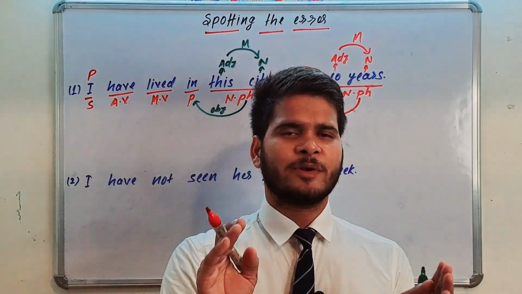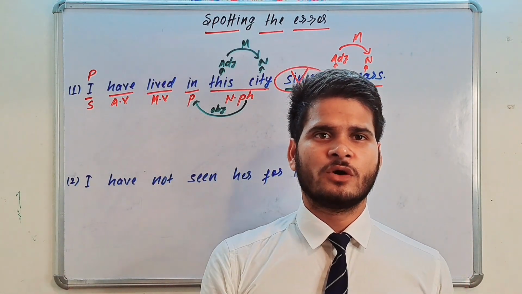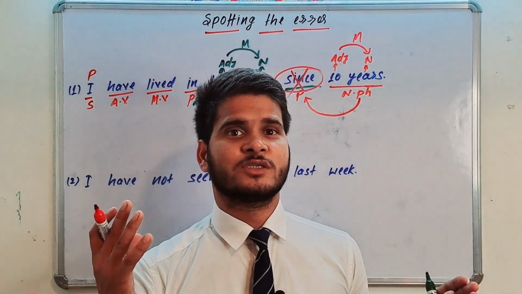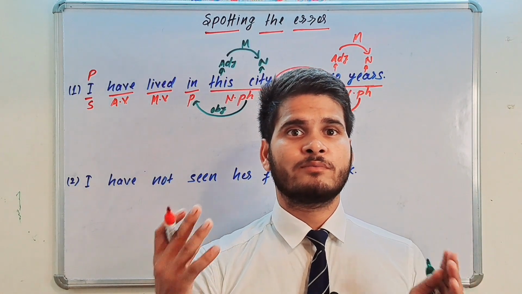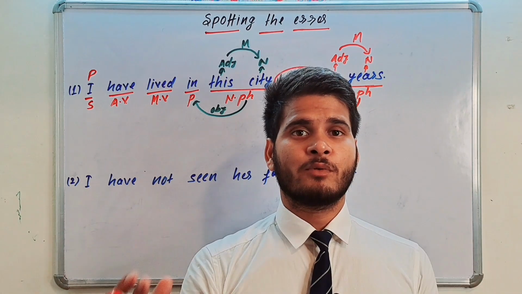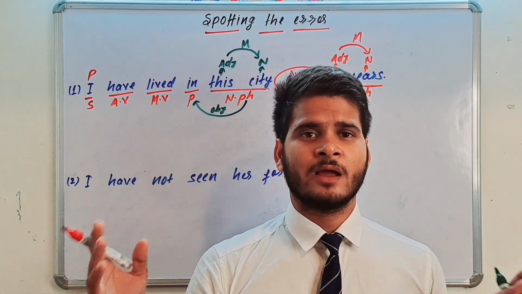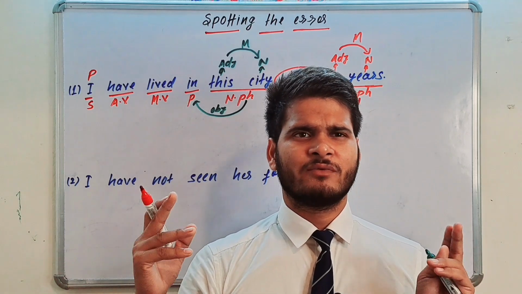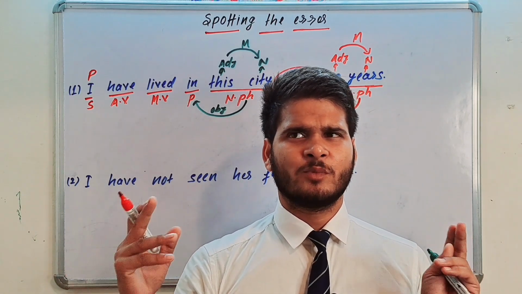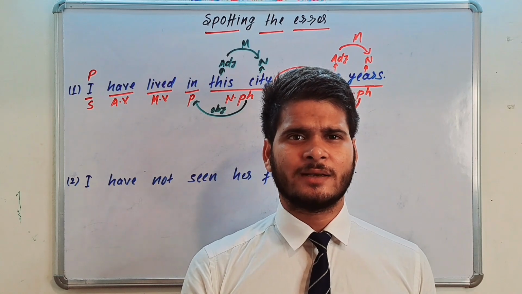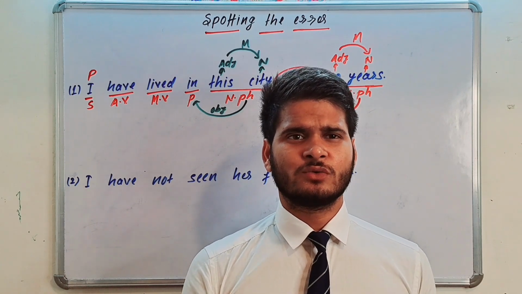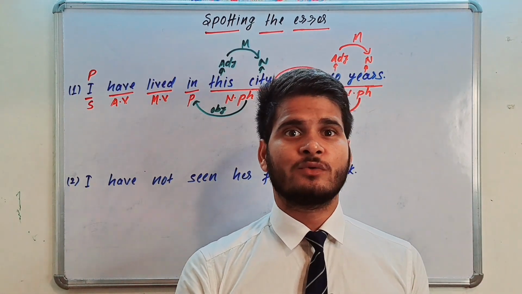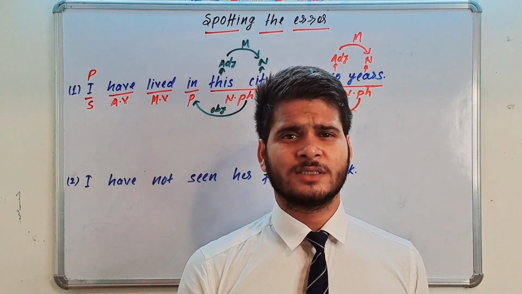And we use the preposition for for a period of time, like for 10 years, for 5 years, for 10 months, for 6 days, for 7 days, and so on. This is the golden rule, and we have to focus on it, and then you can spot the error part in both sentences.